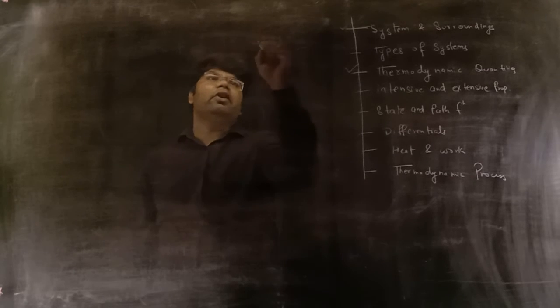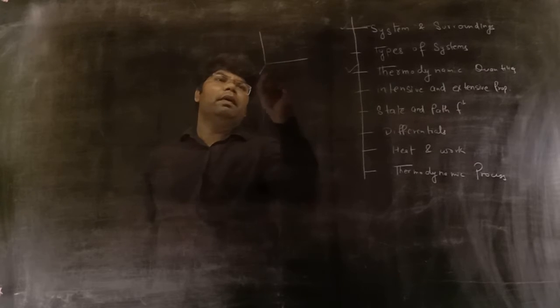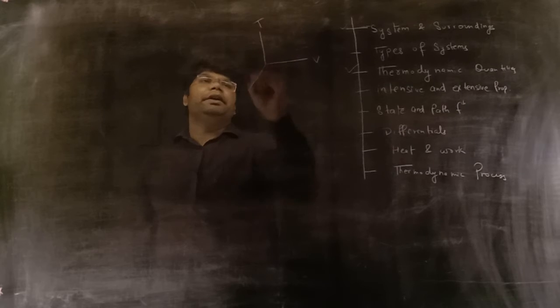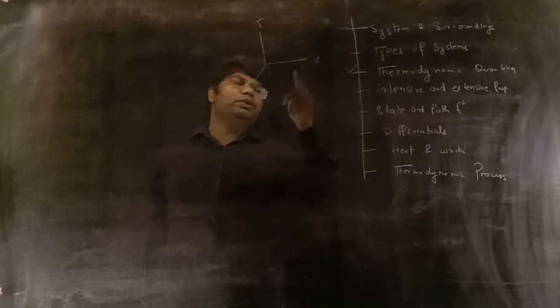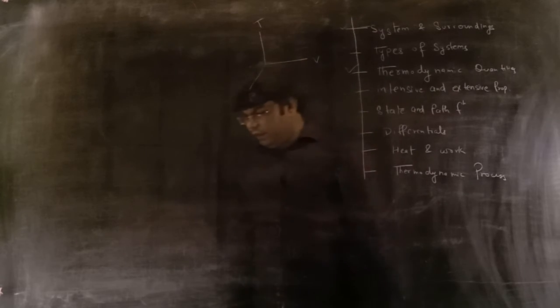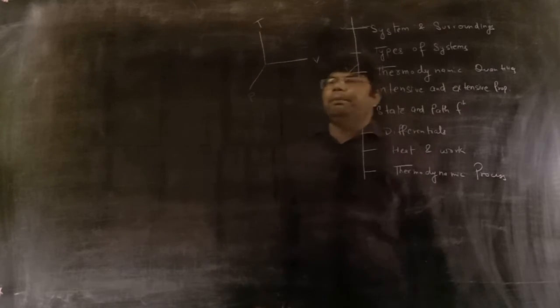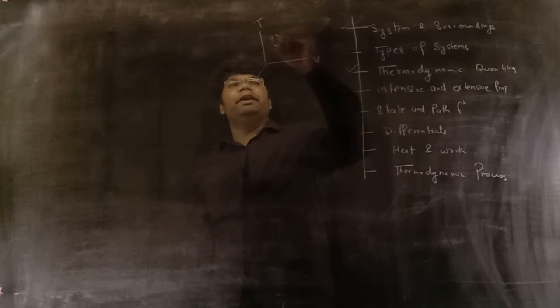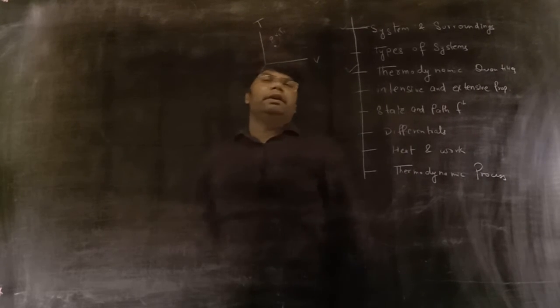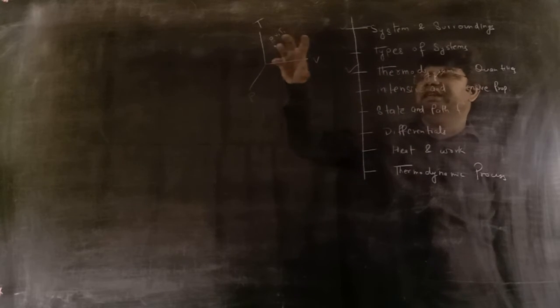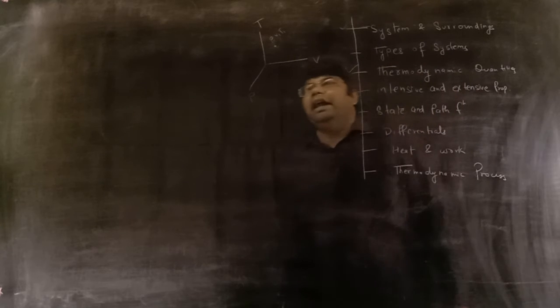I am again drawing my favorite diagram, a three-dimensional V, T, P. You are free to choose volume on the x-axis or z-axis, whatever your choice. So if a system is at this point P1, V1, T1, and it is not changing with time, we will say that it is in a particular state.